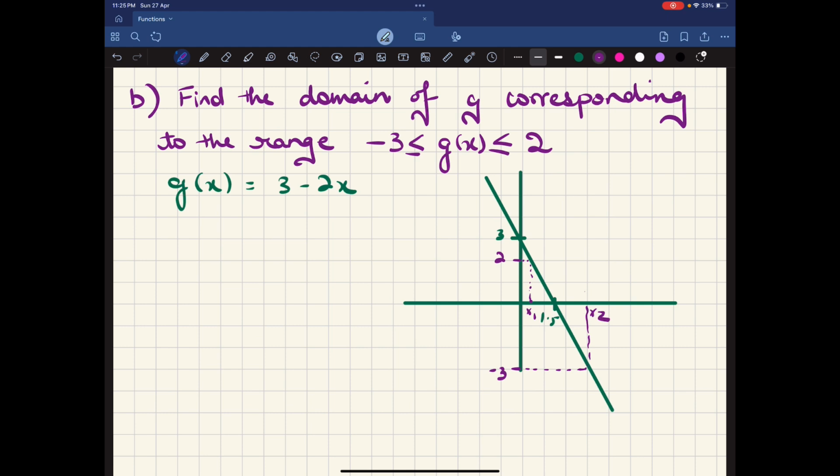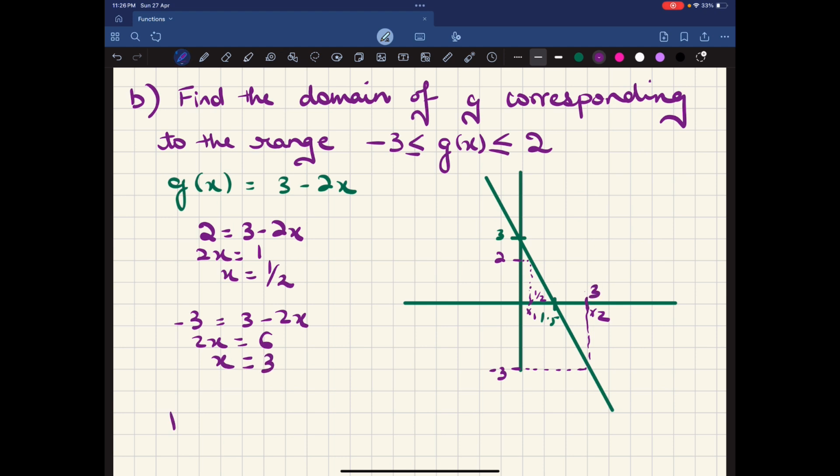So what is your domain going to be? Between x1 and x2. Let's quickly do that. If g of x equals 2, x is 1/2, and if g of x equals -3, x is 3.